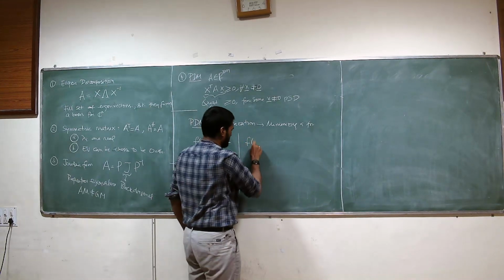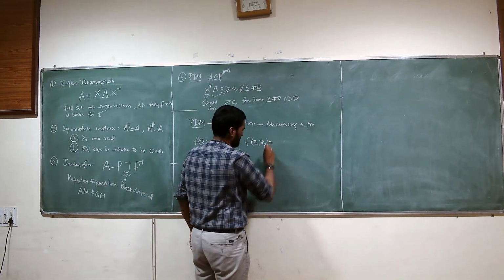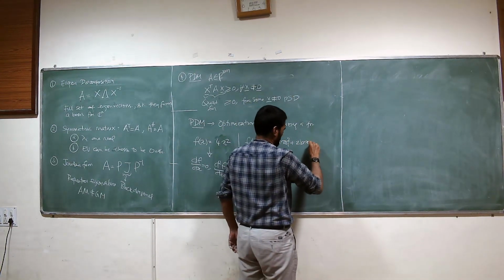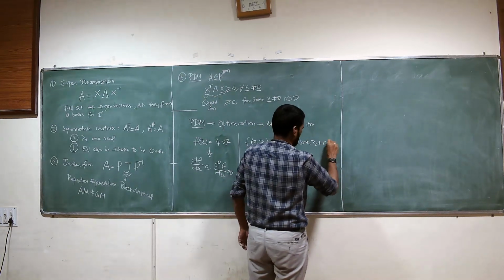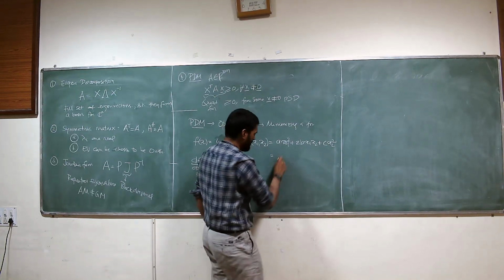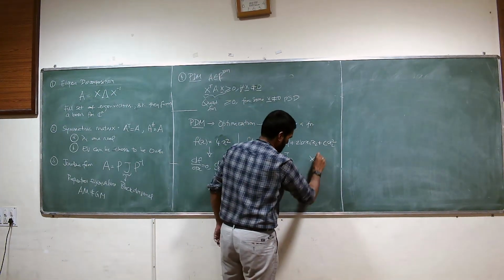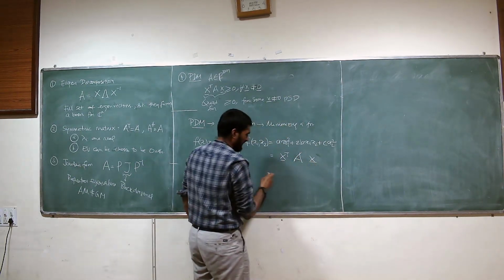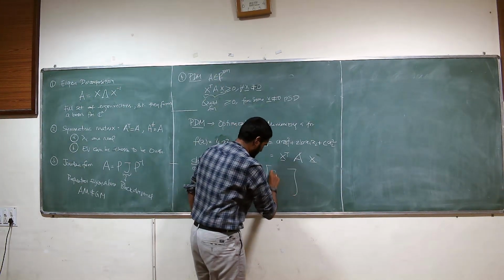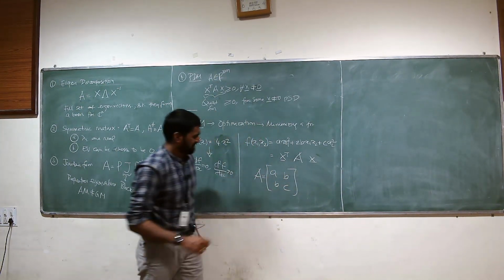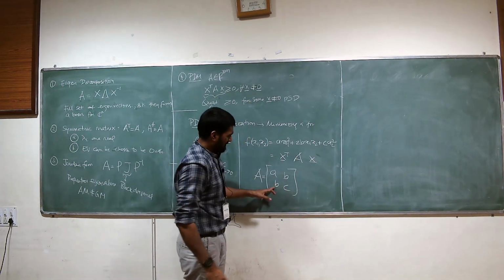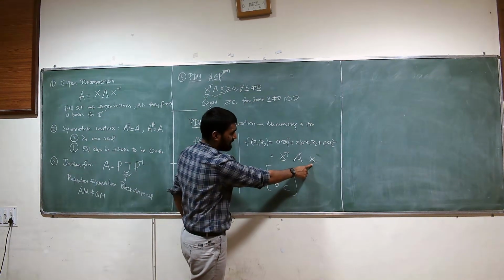What if you have a function of two variables? The most general form is like this. And I said you can express this in the quadratic form, that you can write it like this. And I asked you what is A? So if you write A, C like this and you evaluate, this will come out to be this.